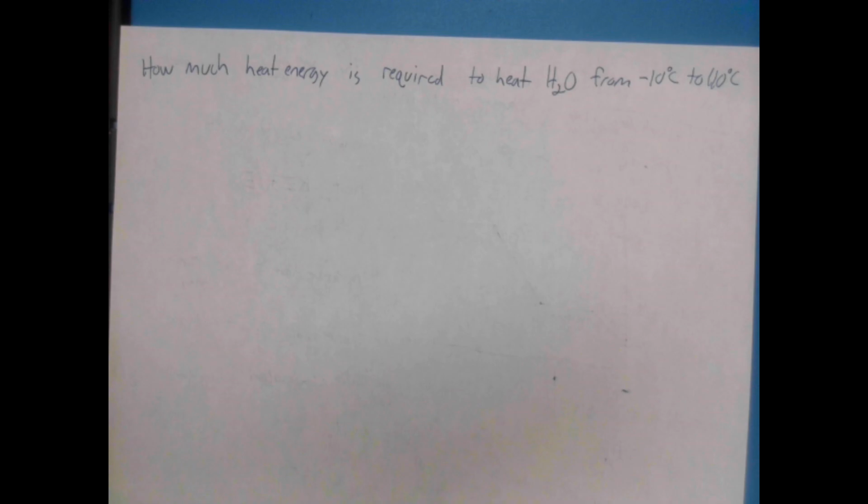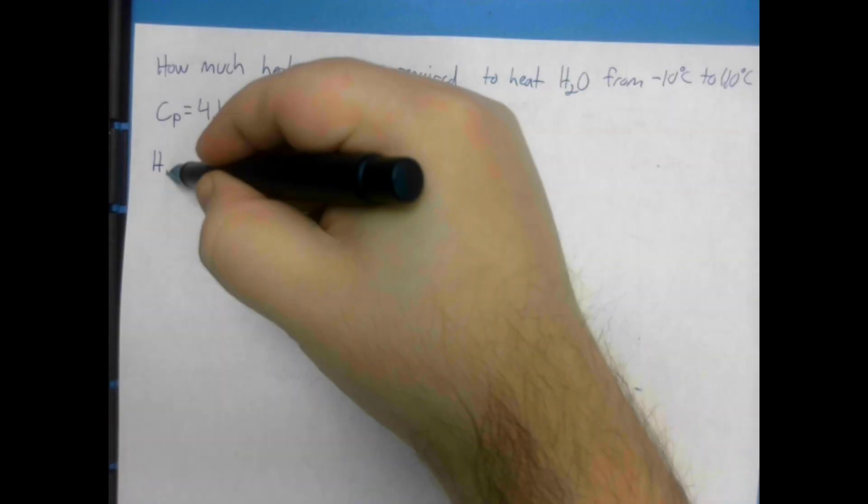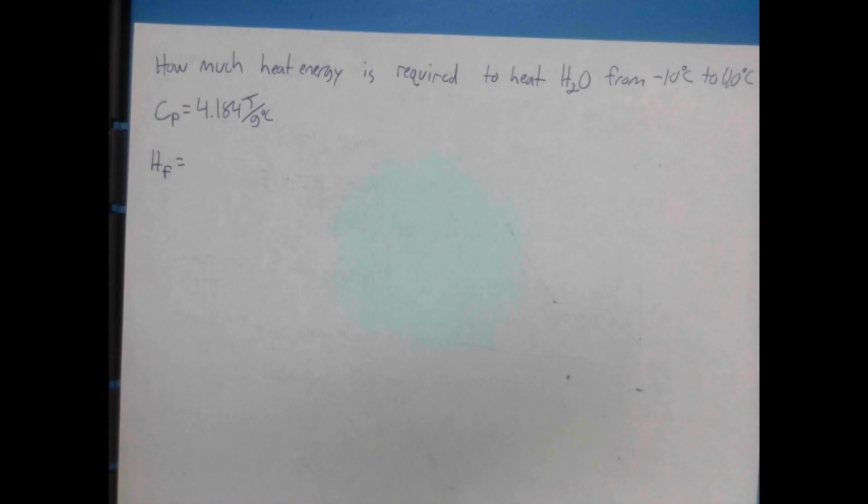So our constants for H2O or water: Cp is 4.184 joules per gram degree Celsius. H of F, the heat of fusion, is equal to 334 joules per gram.